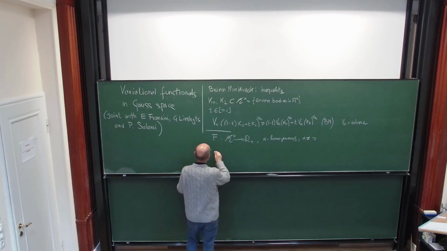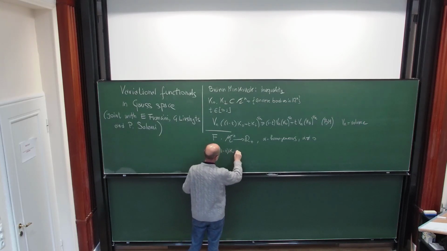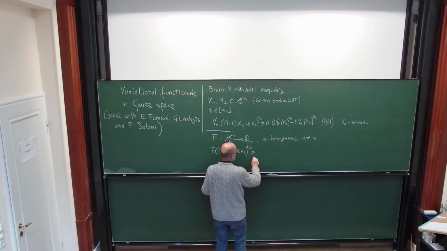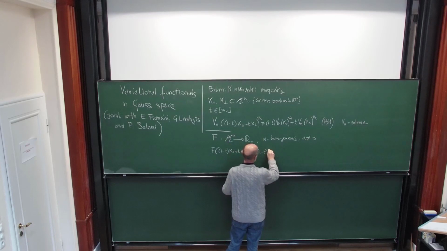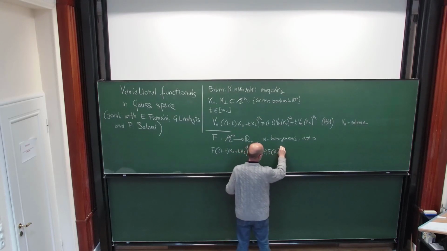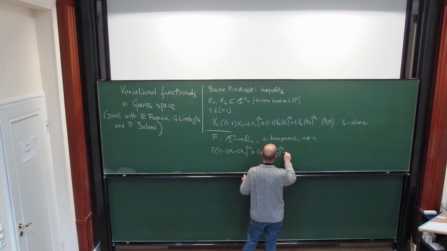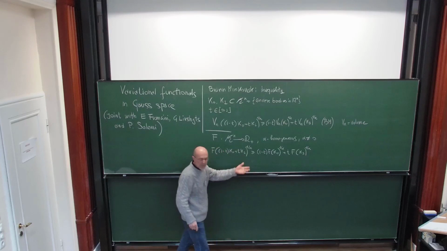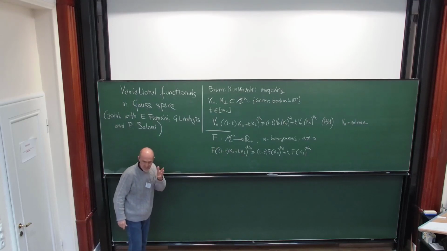So if everything holds in this form, so f of (1 minus t) k0 plus t k1 to the power 1 over alpha is bigger than (1 minus t) f of k0 to the power 1 over alpha plus t f of k1 to the power 1 over alpha, for every k0, k1, and t in the same form.